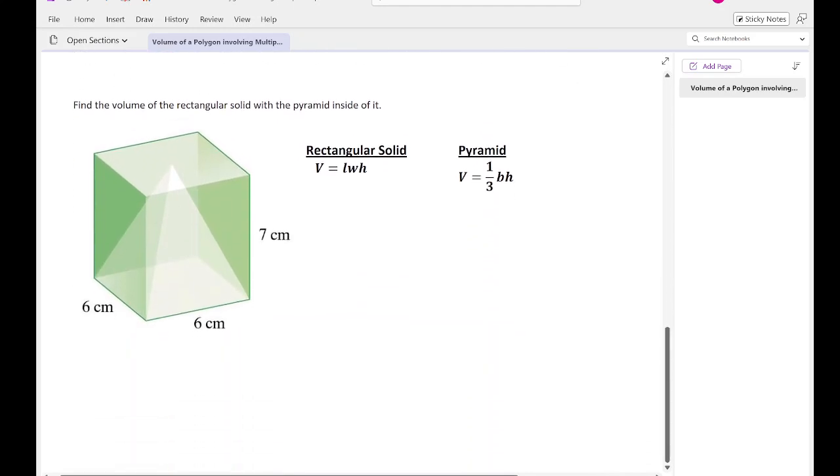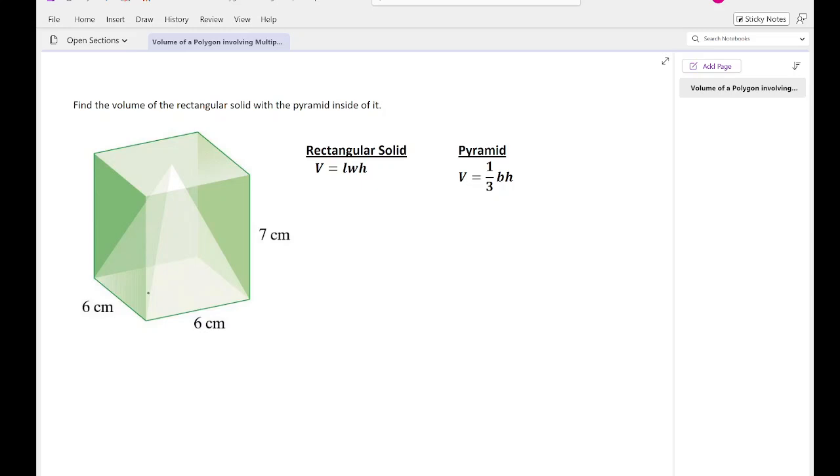How about this one here? We got an object within an object. So we got a rectangular solid, rectangular prism, and then we got a pyramid within it. So if we have a pyramid inside, how much area is left outside? So first off, I'm going to find the volume of the rectangular solid, then the pyramid, and then I'm going to subtract the two.